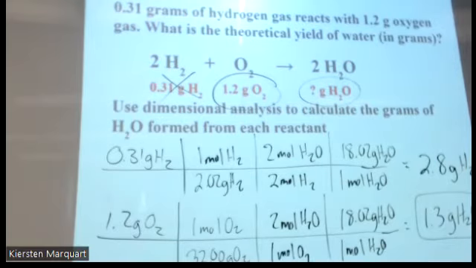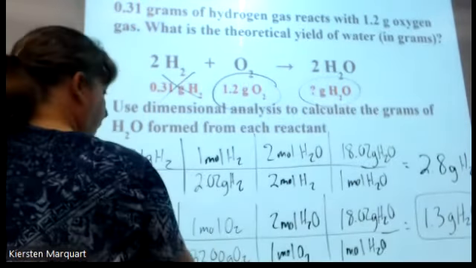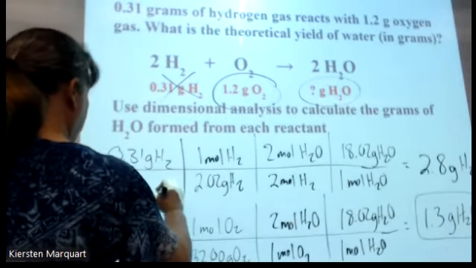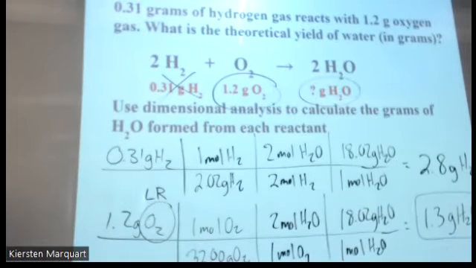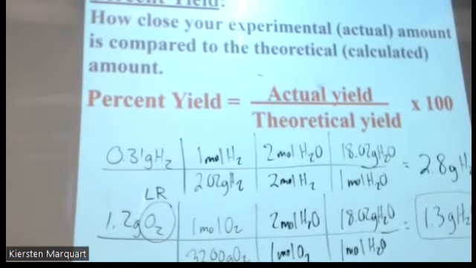What is the limiting reactant in this case? O2. Yep. Okay, so the limiting reactant is the reactant that creates the least amount of product. So I'll just put LR for limiting reactant. And now is the problem before. I apologize for being out of order here. Okay, so you're going to go to the side called percent yield.